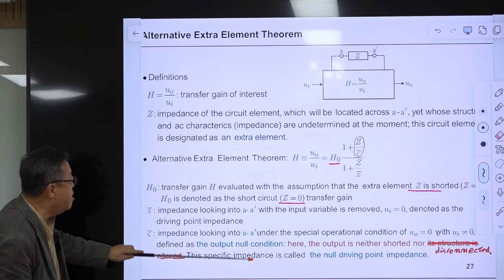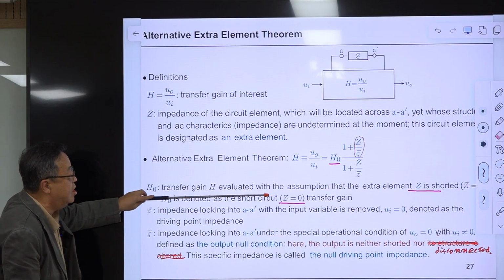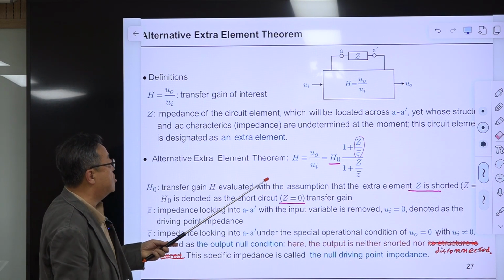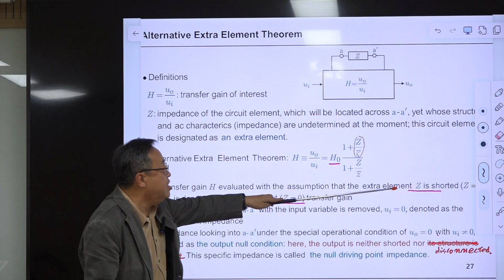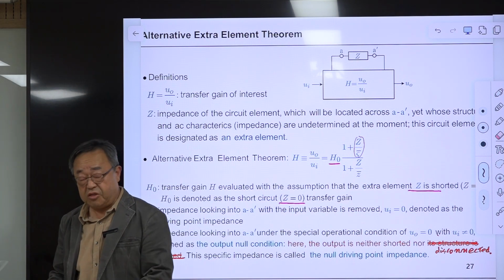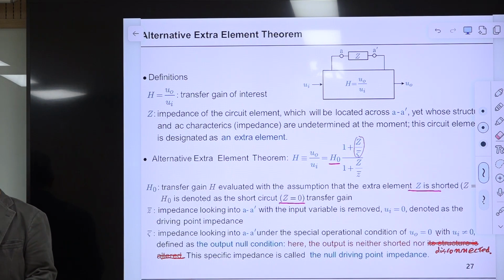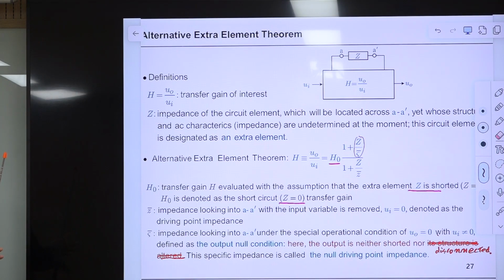Everything is the same, but this H0 is the transfer function gain with G shorted, G is 0. So this is a slight modification of the previous EET, but it is best suited for source subsystem interaction analysis. The previous one was for load subsystem interaction analysis.